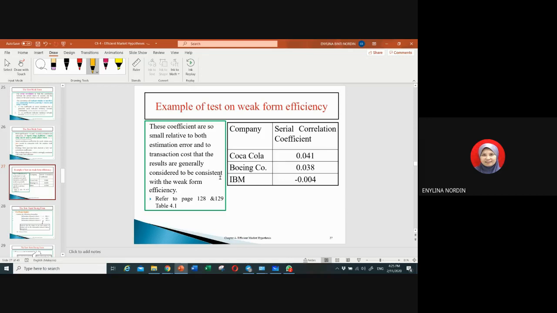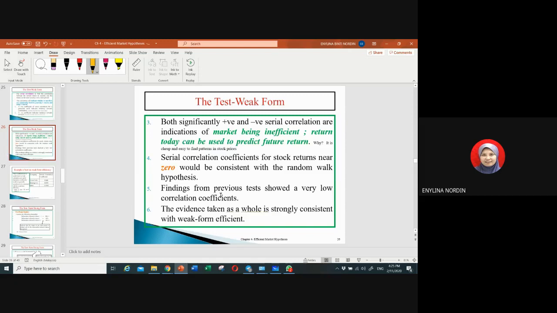So most of the companies in the market have a zero serial correlation coefficient. What's the meaning of that? That means the stock price is unpredictable. So these findings are consistent with the random walk hypothesis.